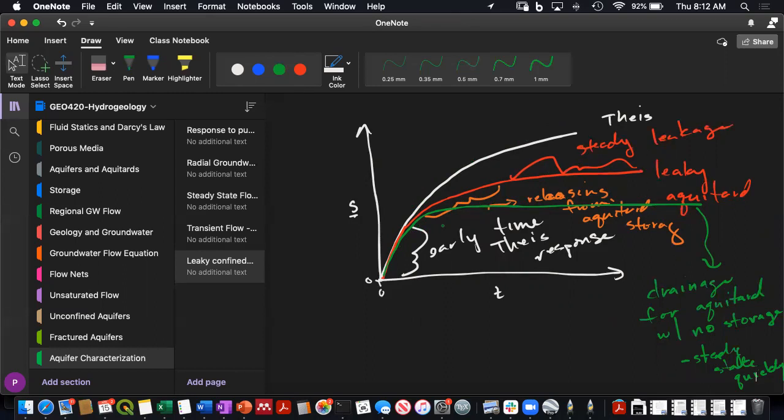You're going to see that real data often doesn't look like the Theis response, but might look something like this. Now I'm going to talk about an unconfined aquifer.